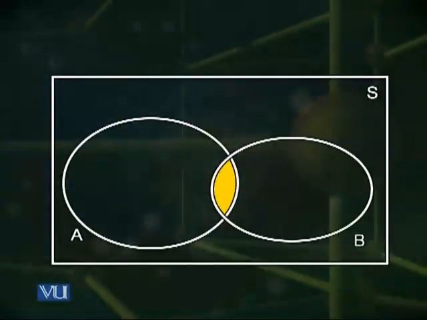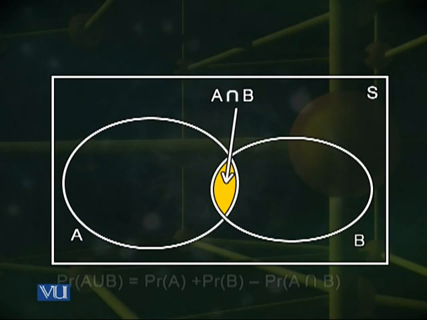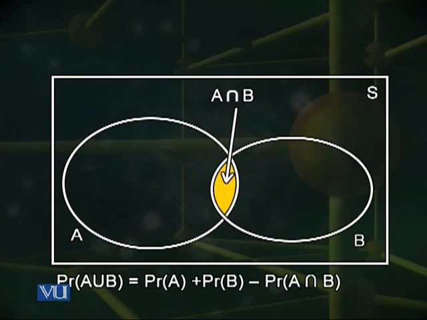We said more: even if the two events are not disjoint, you can make their union, and then the probability of the union of the two possibly overlapping events is equal to the sum of the two probabilities minus the probability of the region which is the intersection of the two sets.